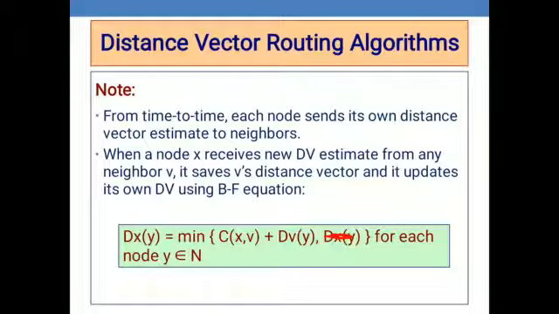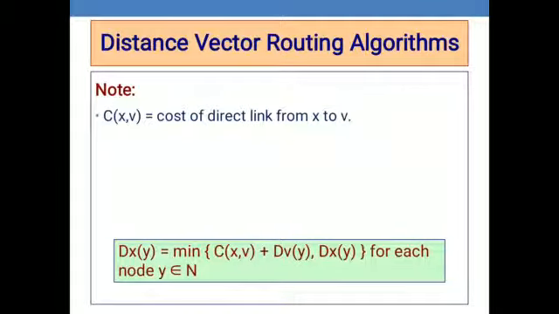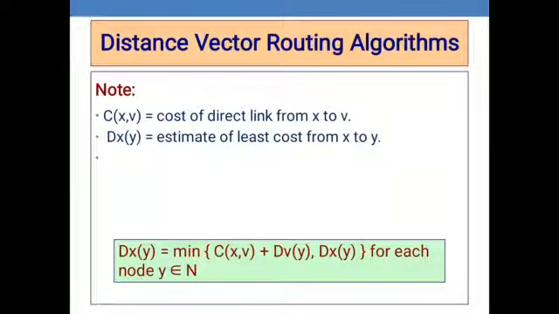So what is this c of xv and what is this d of vy? c of xv is nothing but the cost of the direct link from x to v. So first we need to consider the direct link value. Next we need to consider the distance vector, the estimate of least cost from x to y. So we need to find the other paths, add the values, and find the value.